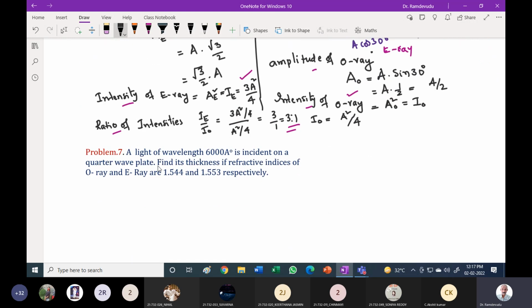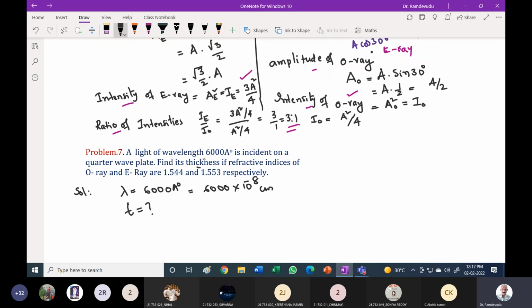It's a very simple problem, but they are asking to find the thickness for the given incident wavelength. Whatever is given, I am writing: wavelength lambda is given as 6,000 Angstrom units, which is nothing but 6,000 into 10 to the power minus 8 centimeters. They are asking to find the thickness T for which plate?